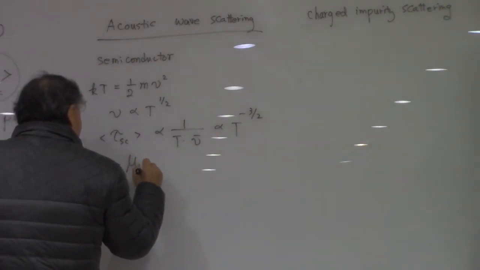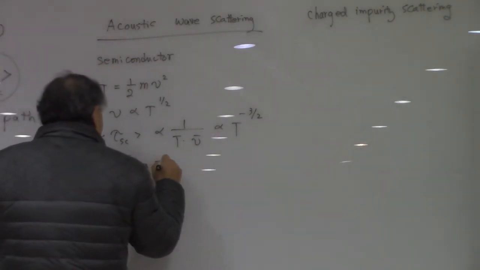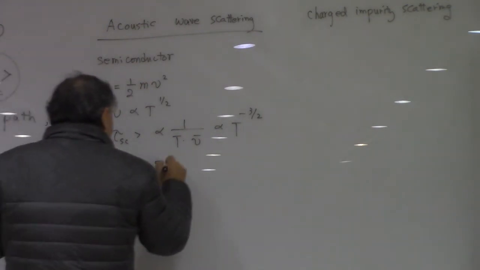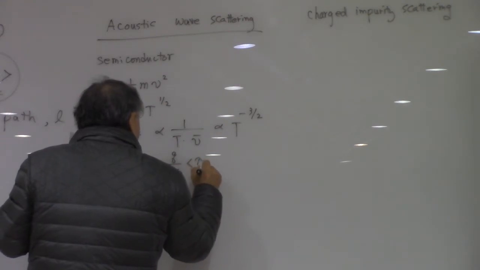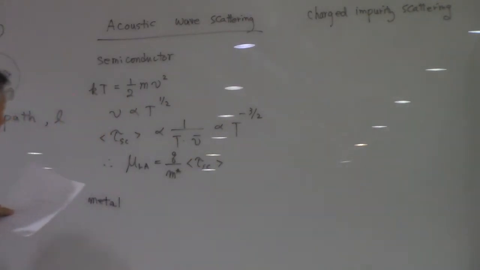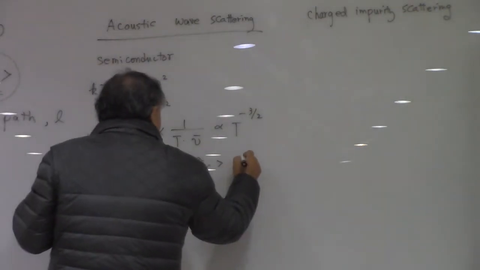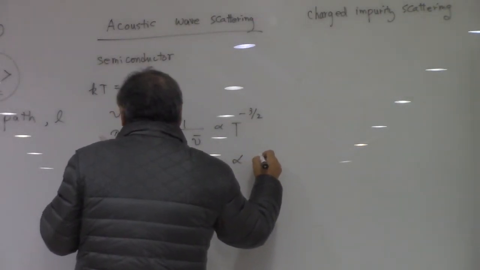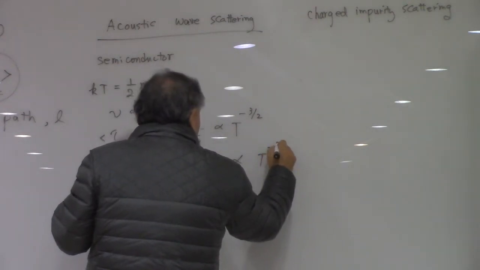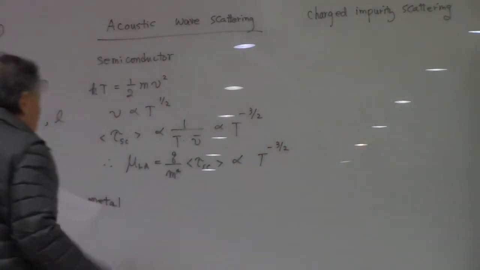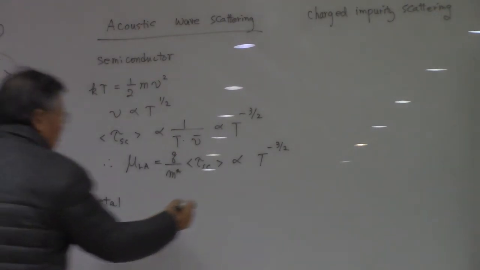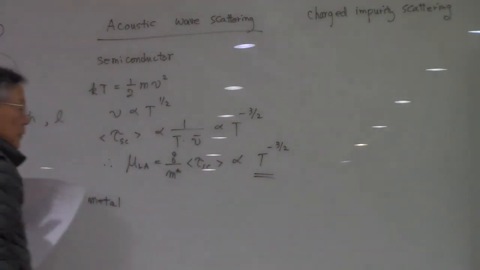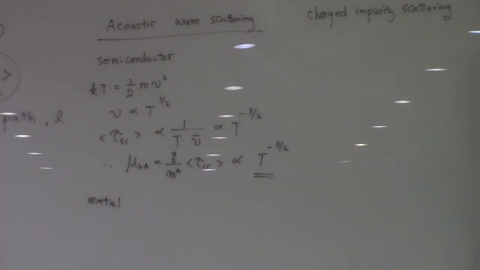So the lattice acoustic wave mobility, okay, is going to be proportional to the scattering relaxation time, and that is going to be T to the minus 3/2. That should be proportional to T to the minus 3/2 power. Okay?